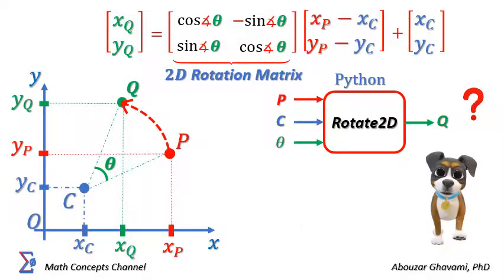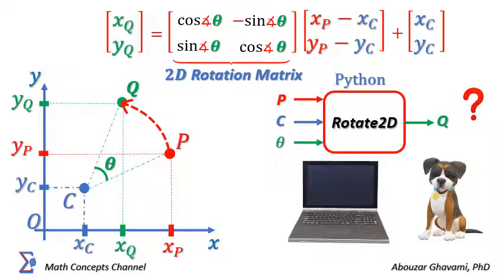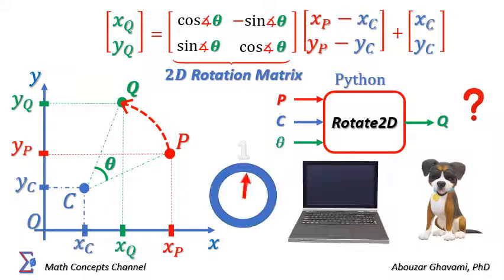Please pause this video now and open a Python editor and write the function to rotate a point around another point in two-dimensional space by yourself.